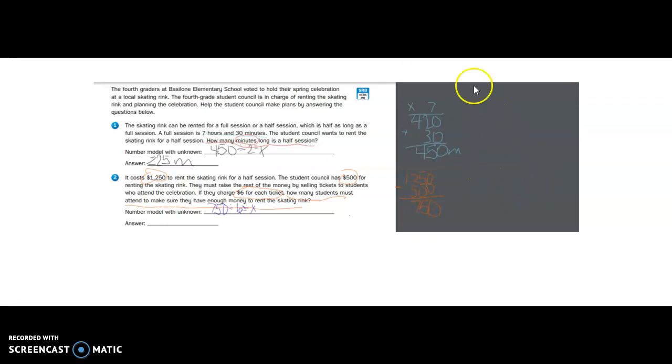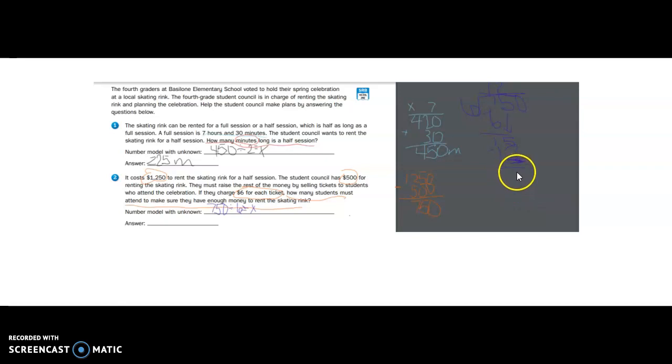Alright, so 750 divided by 6. I know that 6 goes into 7 one time. I'll subtract 6 times 1. Drop down my 5. 6 goes into 15 2 times. 12, that's a 2.